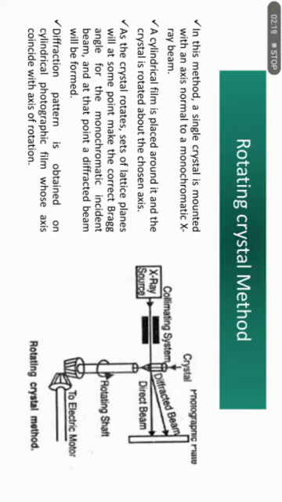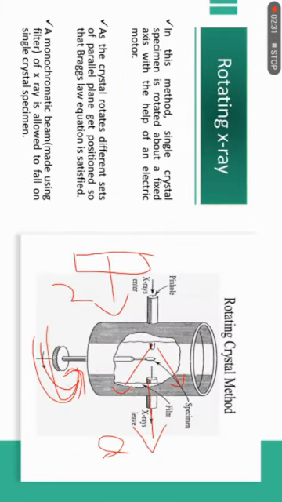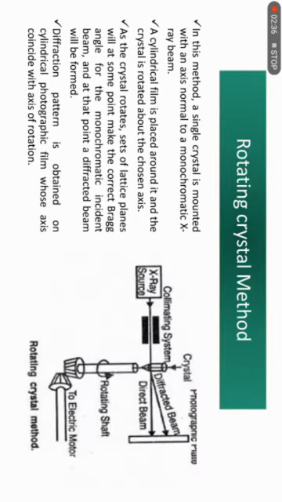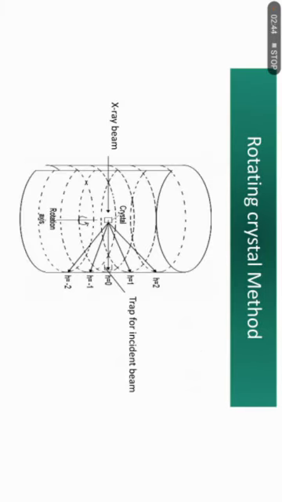As the crystal rotates, sets of lattice planes will at some point make the correct Bragg angle for the monochromatic incident beam, and at that point a diffracted beam will be formed, either going up, as you can see, or going down. The diffraction pattern is obtained on the cylindrical photographic film whose axis coincides with the axis of rotation. So you can see this is what it looks like.